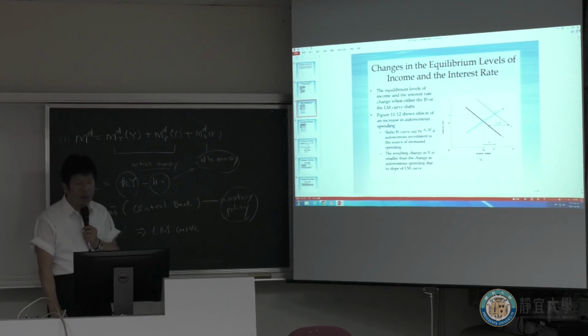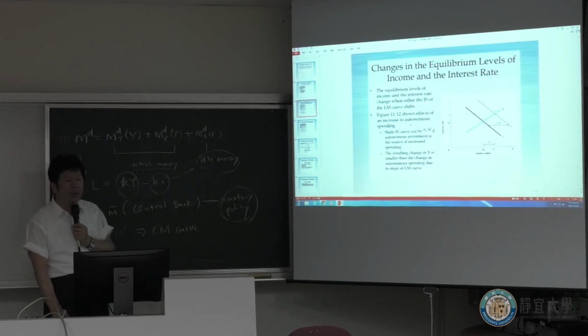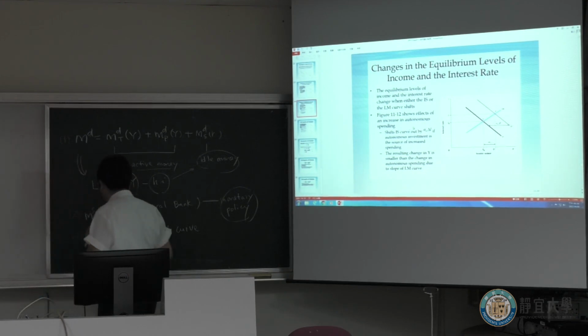After that, we find output or income increases, but the interest rate also increases. Here you can see autonomous spending. Do you remember what autonomous spending is? Autonomous spending increases. We write it down.